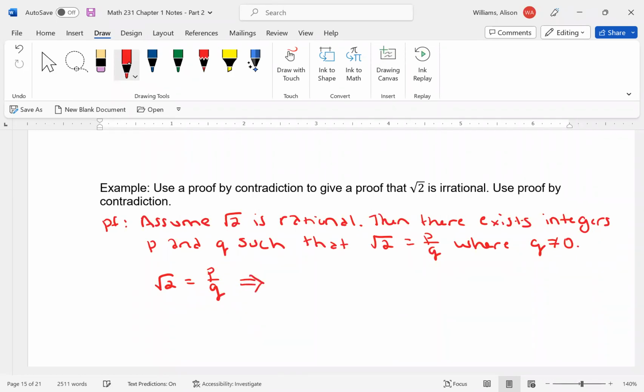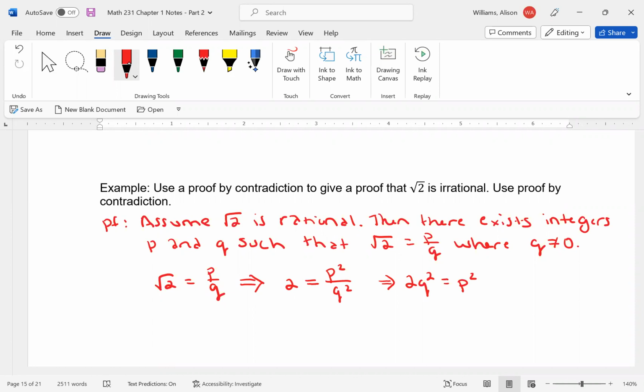I'm going to go ahead and just do a series of math. So this is going to be P squared over Q squared. Cool. All right. Then if I multiply or clear the fraction, I get 2Q squared equals P squared.